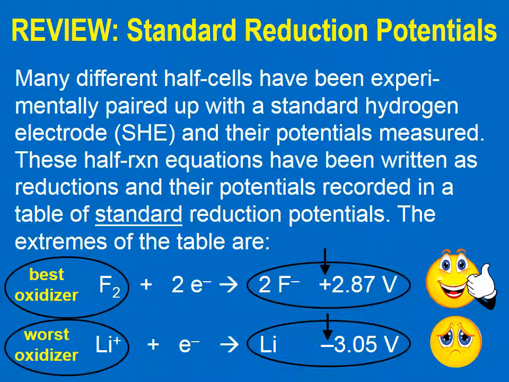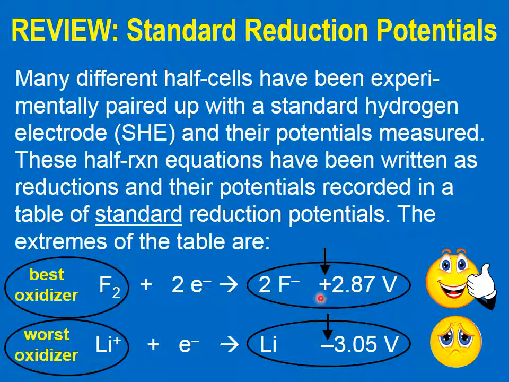The same story can be seen if we look at the right side, the product side of these half reactions. The sign of the reduction potential indicates whether the atoms want to appear as they do as shown on the product side.